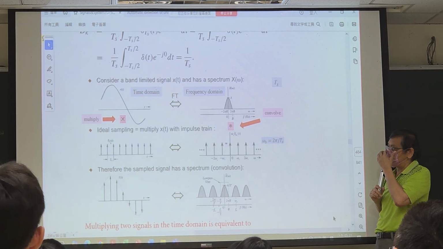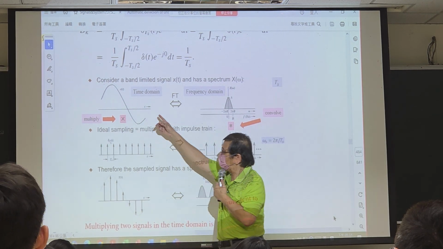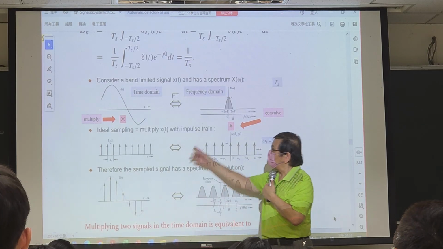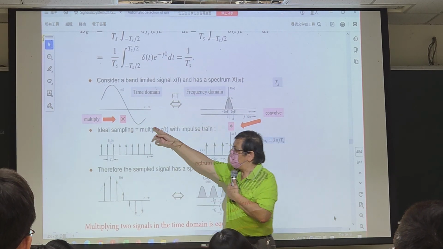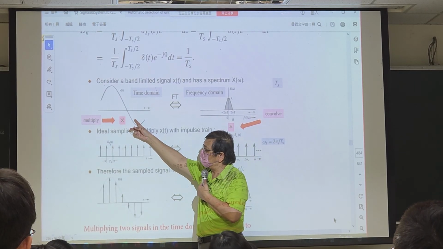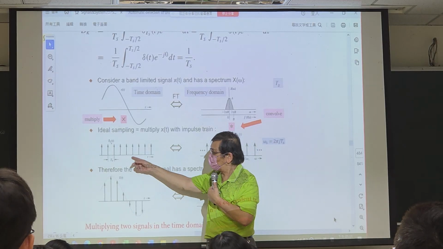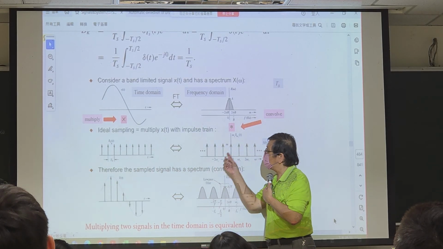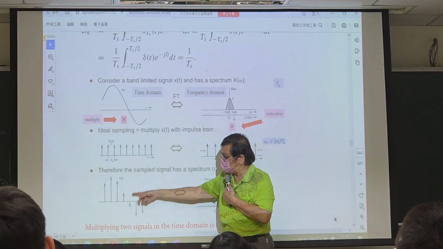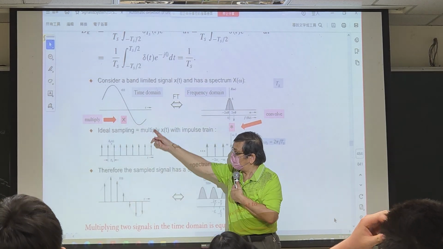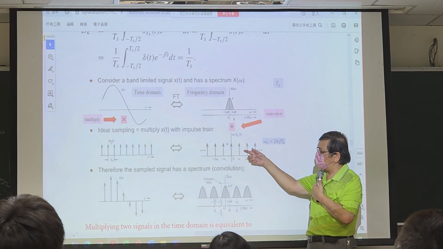So mathematically, what does that mean? In the time domain, we have the signal, and it has a frequency response. Then we multiply this signal by the sampling train. This is multiplication in the time domain, so in the frequency domain it's a convolution.